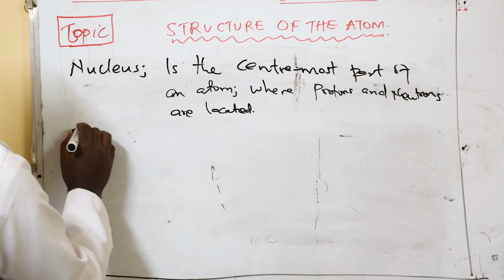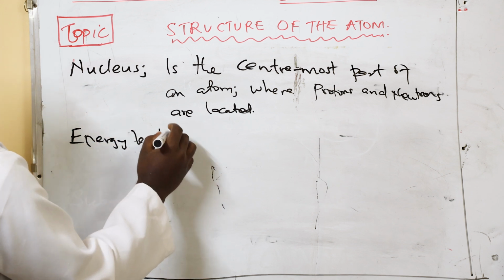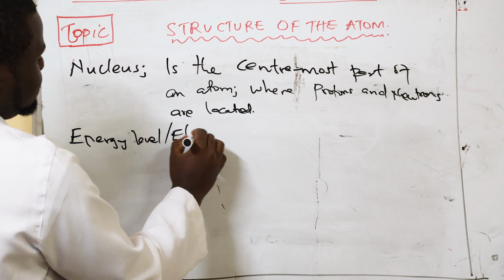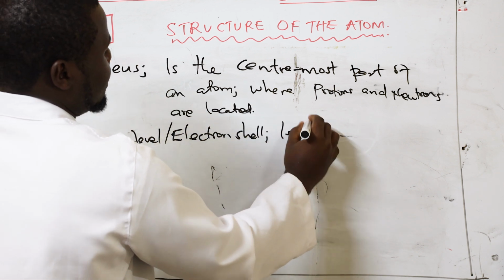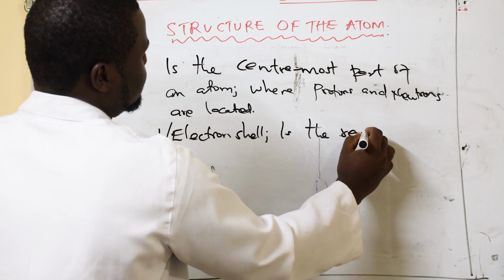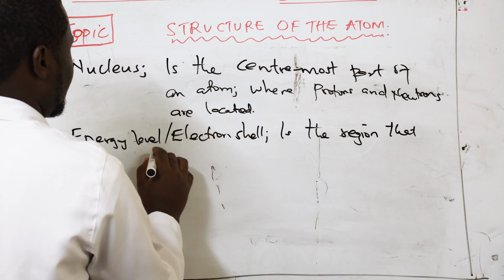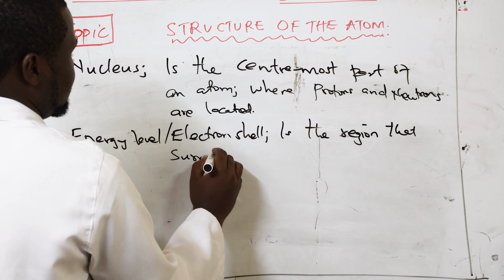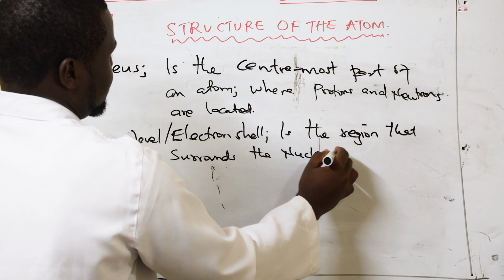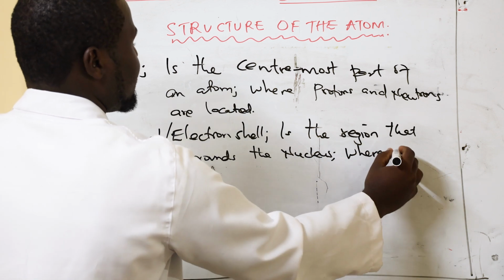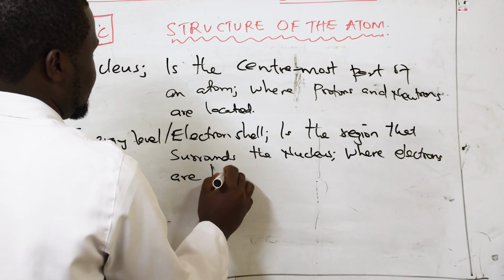Then when we talk about energy level or electron shell, it is the region that surrounds the nucleus, where electrons are located.